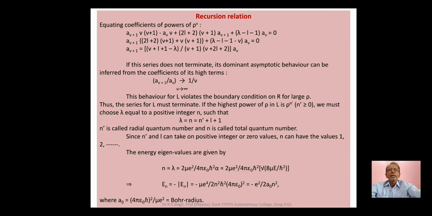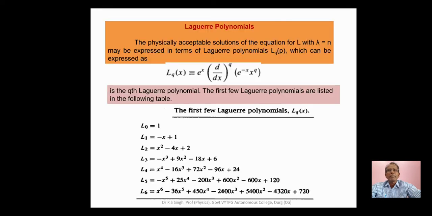In order to terminate the series for L, we have lambda equal to n prime plus L plus 1, where n is principal quantum number, n prime is radial quantum number and L is orbital quantum number. Energy eigenvalues are given by En equal to minus e square upon 2 a naught n square, where a naught is Bohr's radius.